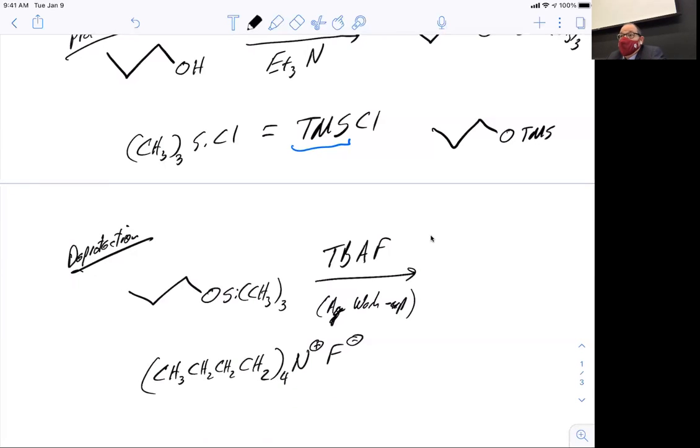Sometimes you'll see that, sometimes you won't. We need a proton source, so that's why we have an aqueous workup. It is as simple as just putting water into the reaction when you're working it up to get the proton source.